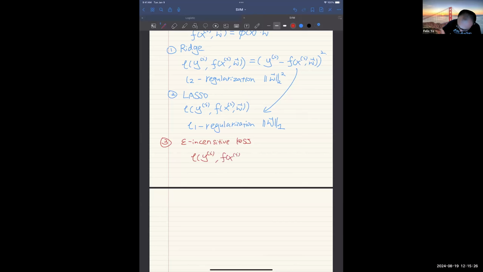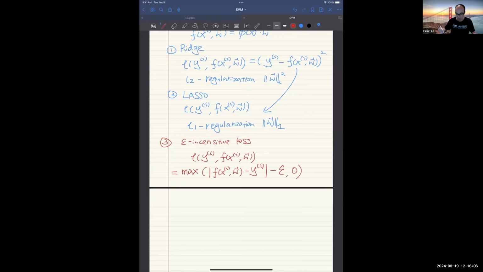This is quite important even in the regressions. It basically says the maximum of the absolute value of f(x_i, w) minus y_i, minus epsilon, and 0.